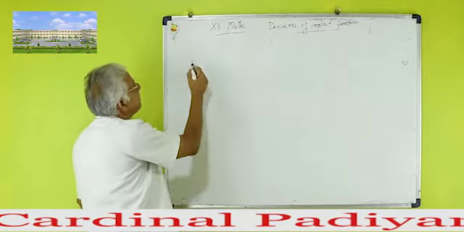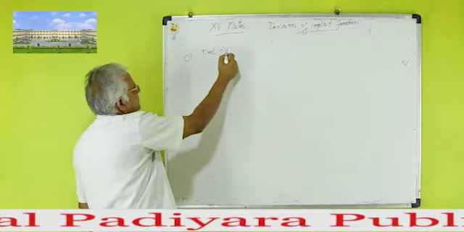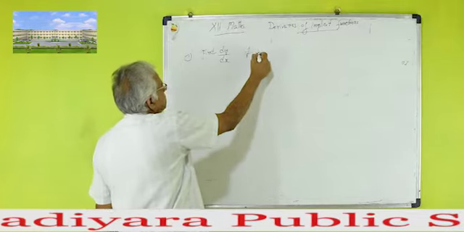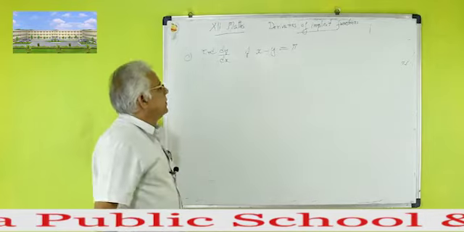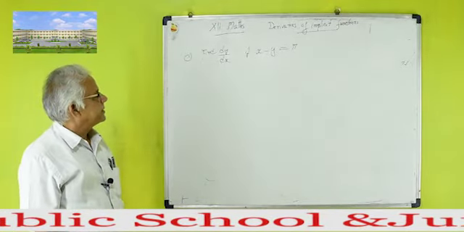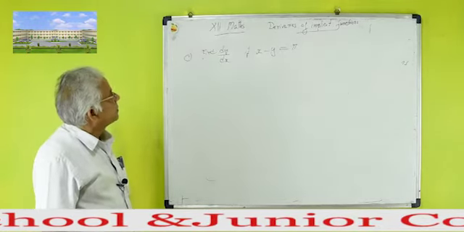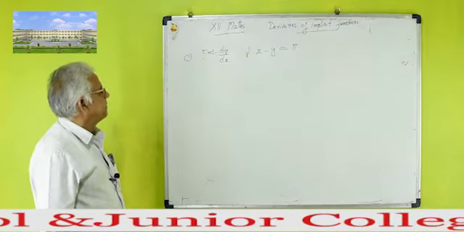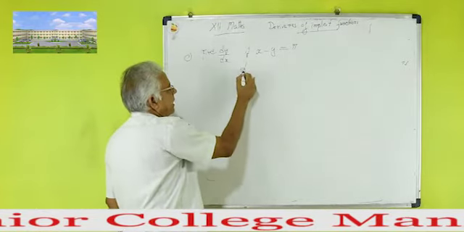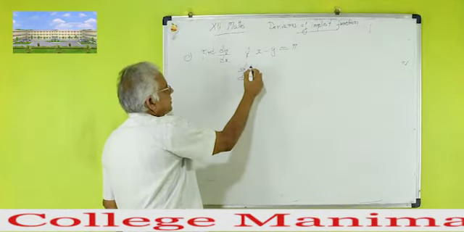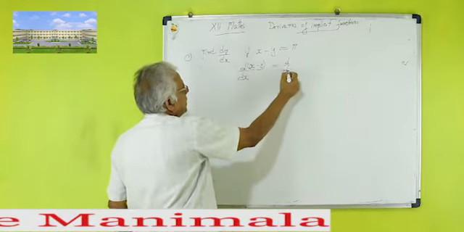First question: find dy by dx if x minus y is equal to pi. Differentiate both sides with respect to x. The dy by dx of the left hand side x minus y is equal to dy by dx of pi.